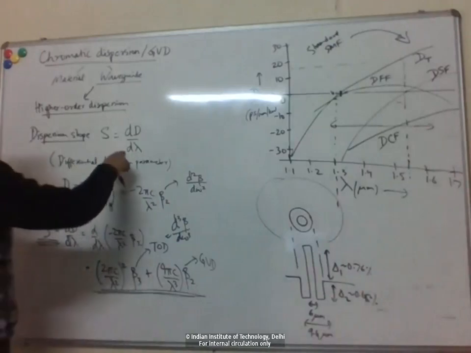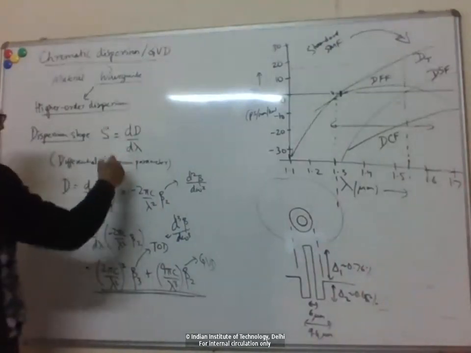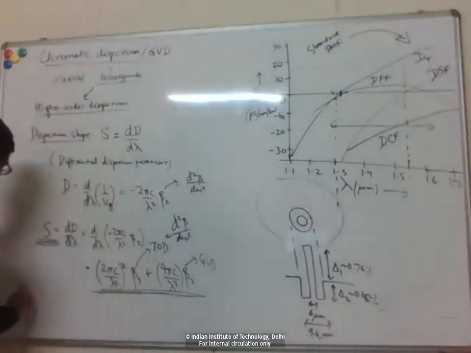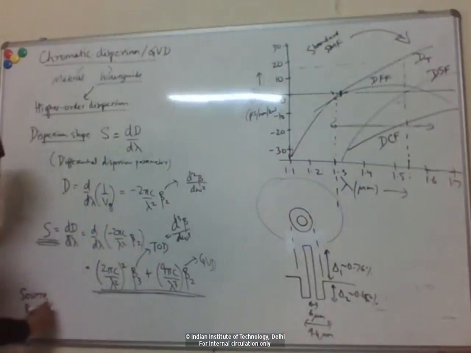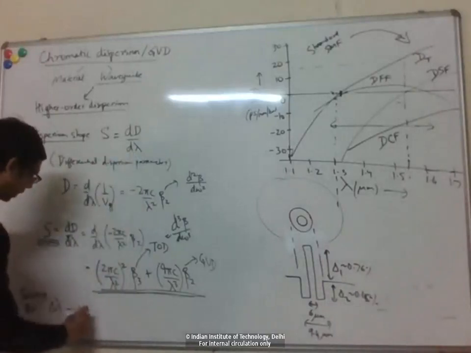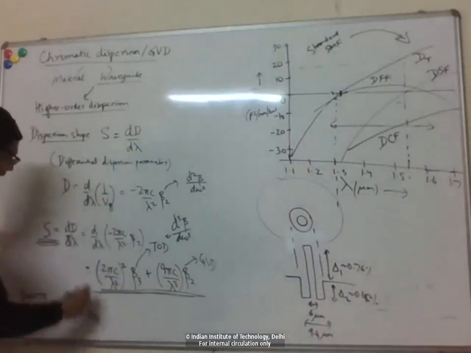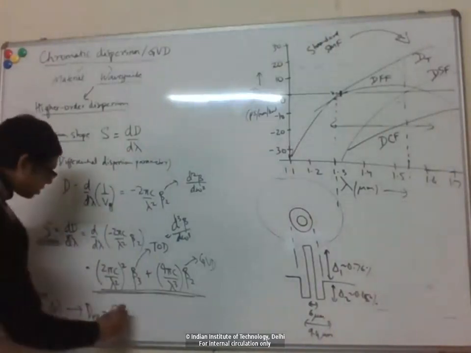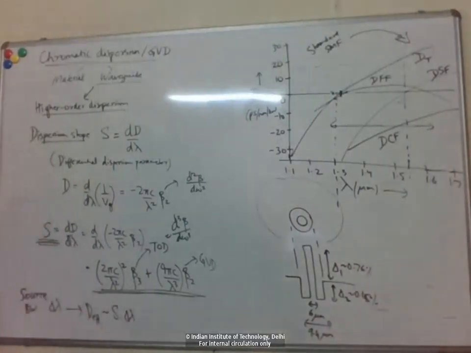Right, so you can see here, if I use a source, a transmitter with a bandwidth delta lambda, then from here basically I can write the effective D as S times delta lambda, right?